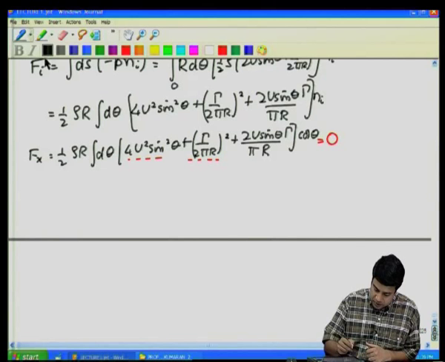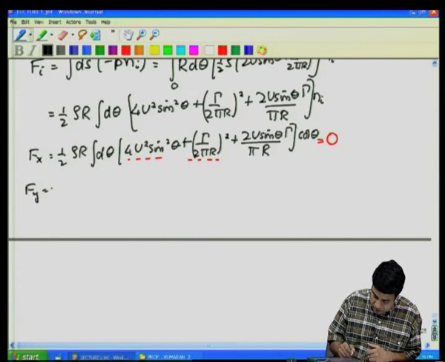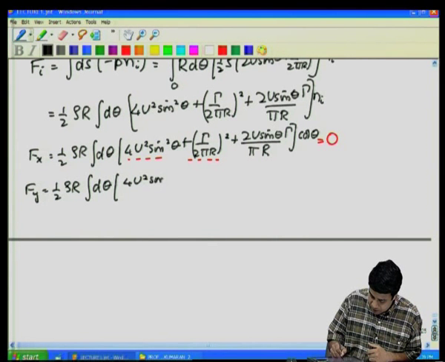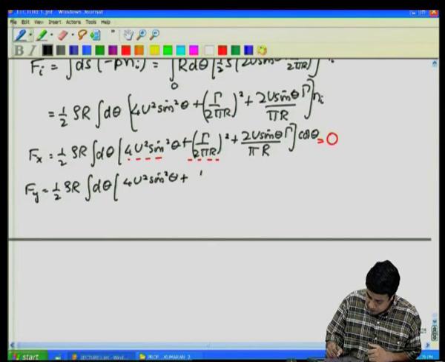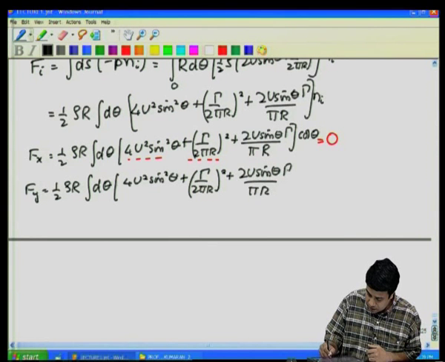What about the force in the y direction? Fy is equal to half rho r integral d theta of 4 u square sin square theta plus (gamma by 2 pi r) the whole square plus 2 u sin theta gamma by pi r into sin theta.